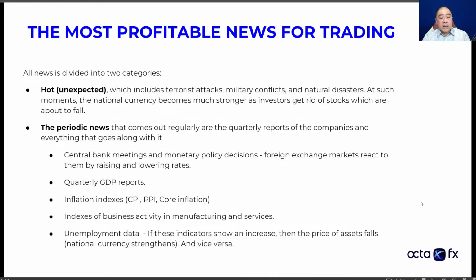Okay, we could be looking at business activity, manufacturing and services. These are the ISM services PMI, or maybe the flash manufacturing or services PMI from Europe, UK, and the US, right? Unemployment data. This is during the end of period release. We basically look at employment numbers.